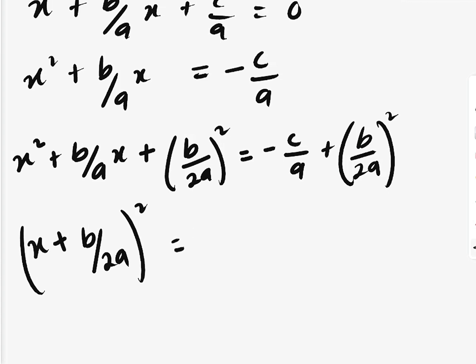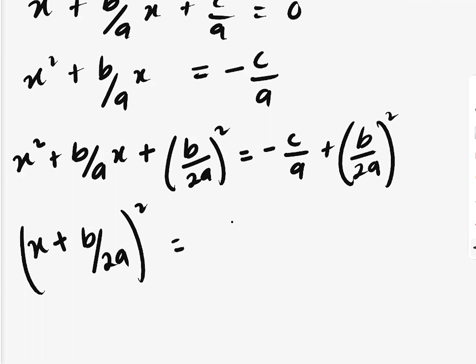So these are just the simple steps that you can apply at any time, once you understand the previous video on perfect square quadratic equations. So this is what we compress this whole thing to. If you expand this bracket, you're going to get this. So let's continue.